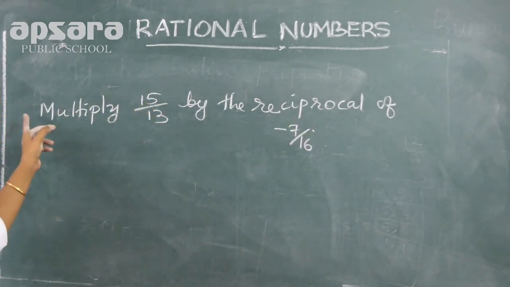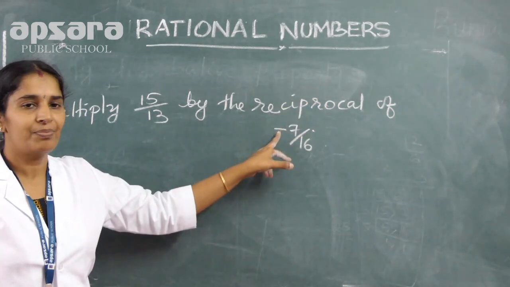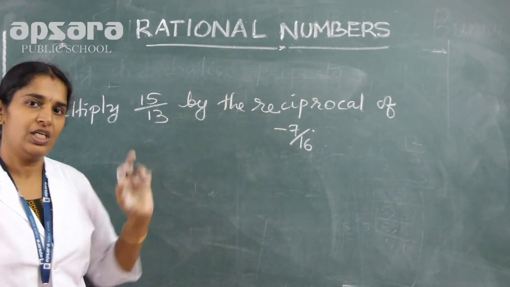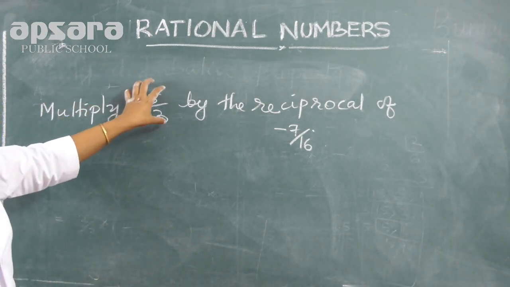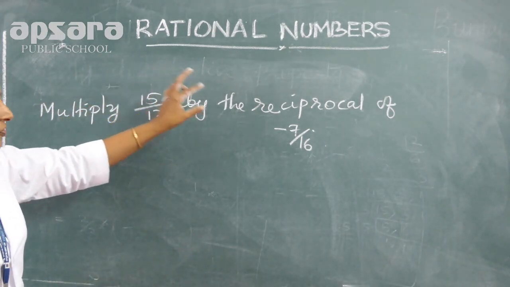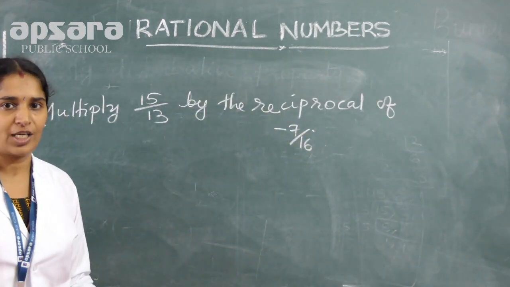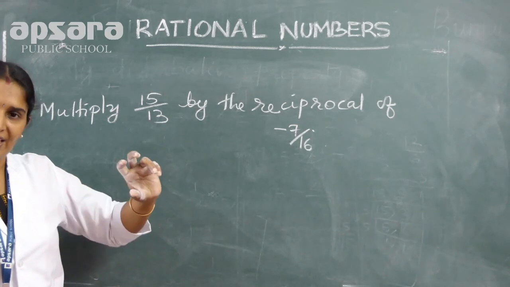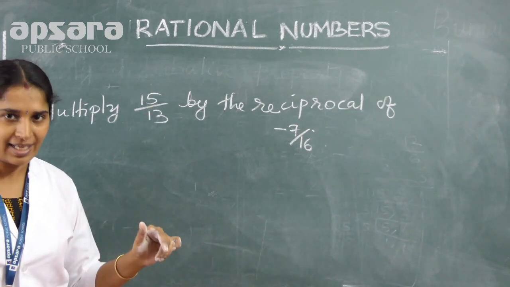See the question? Multiply 15 by 13 by the reciprocal of minus 7 by 16. How do you do it? You have to multiply this rational number with the reciprocal of this. How will you find the reciprocal? If a by b is a rational number, its reciprocal is b by a, correct?